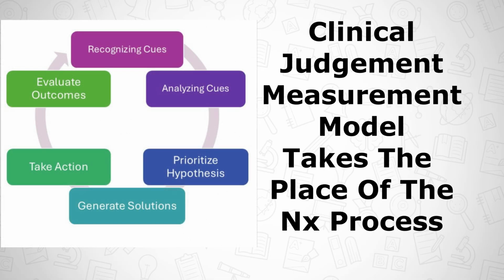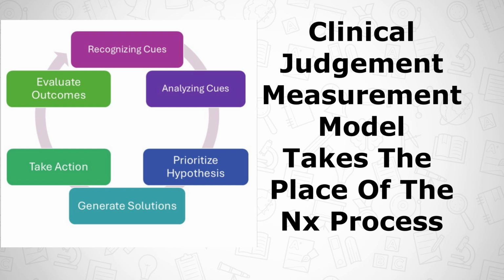So what is the clinical judgment measurement model? You may or may not realize this. Yes, we know that the NCLEX is testing this, but what exactly is it? The clinical judgment measurement model has 6 steps. It takes the place of the nursing process that has 5 steps in it.